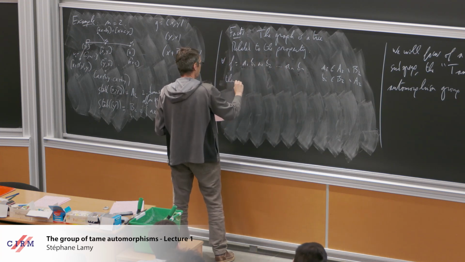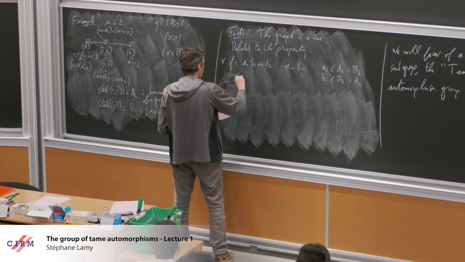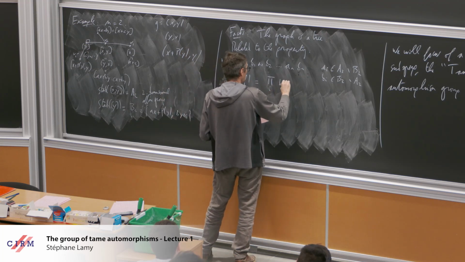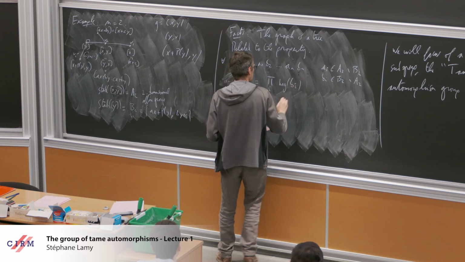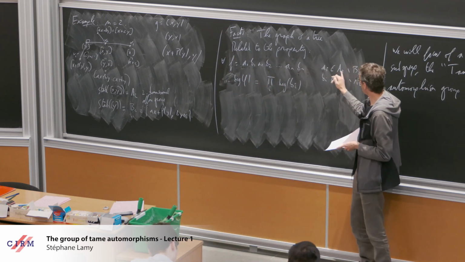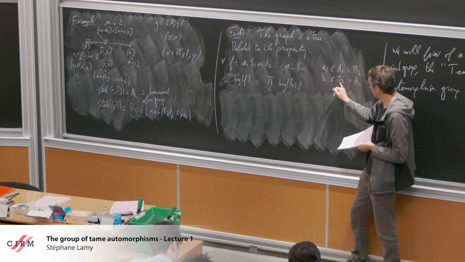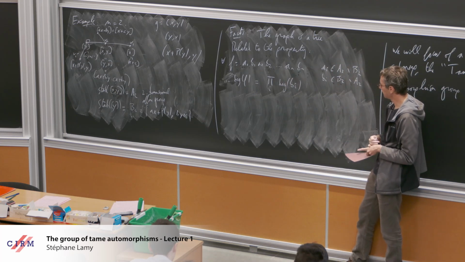So for any f, the degree of f is a product of the degrees of the Bi. Okay, the Ai are affine, so degree 1. So just the Bi have some degree, and the degree is at least 2 by my assumption.